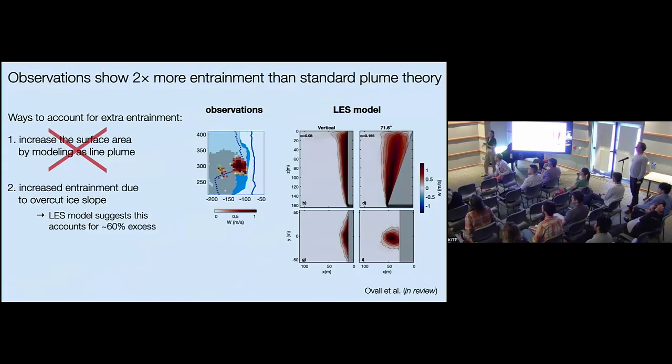And interestingly, once you bring in this overcut slope, the structure gets even more complicated, where the core of the velocity is significantly off the wall. And how you define your inner boundary layer, and then there's the inner turbulent boundary layer and then a viscous sublayer.